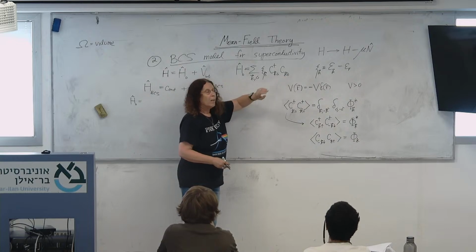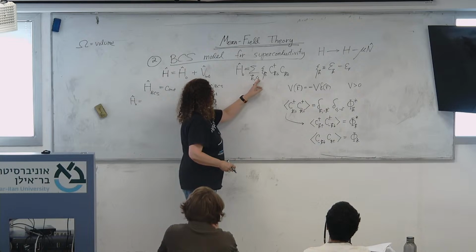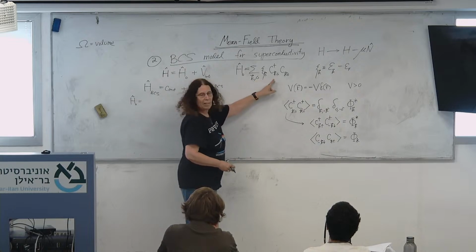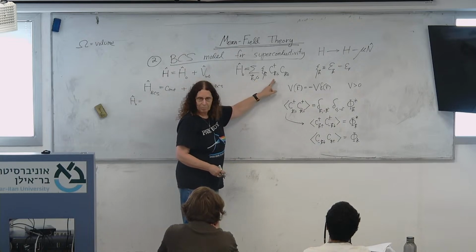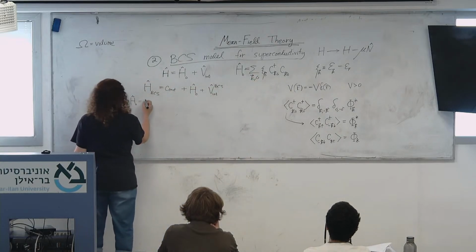Now I want to keep the sum over k, but explicitly introduce the sigma. We'll see why.